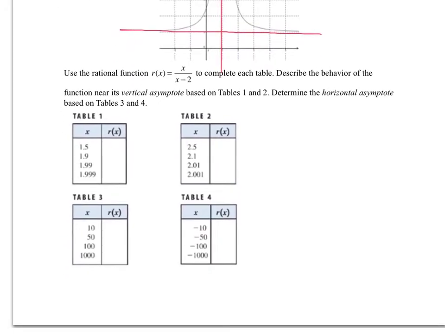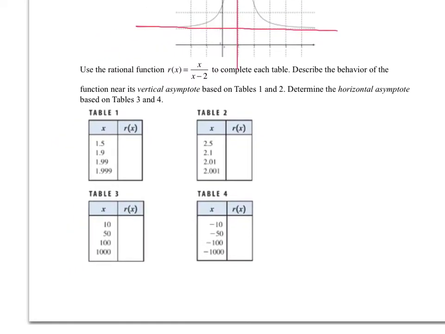We actually did this exercise in class, and we found out that for the rational function x over x minus 2, we completed each of these tables. Now remember, you can do this on your TI calculator very, very quickly. First, make sure that you do table set.